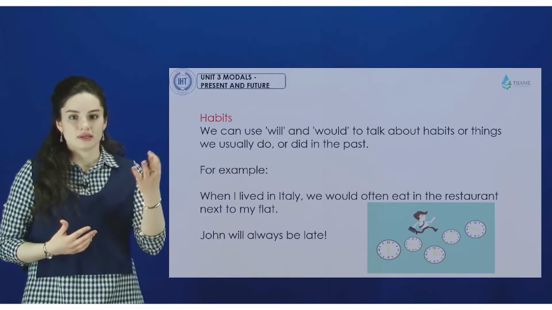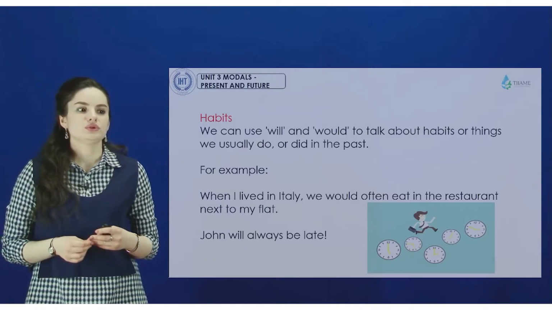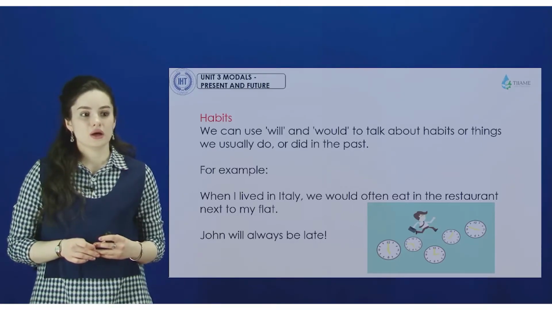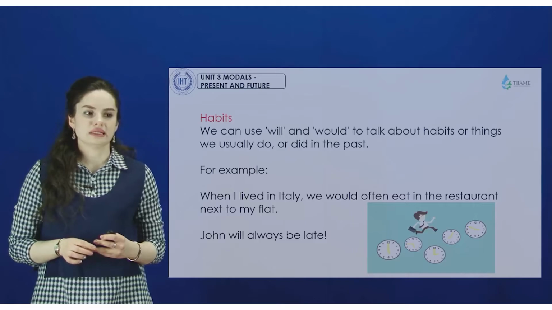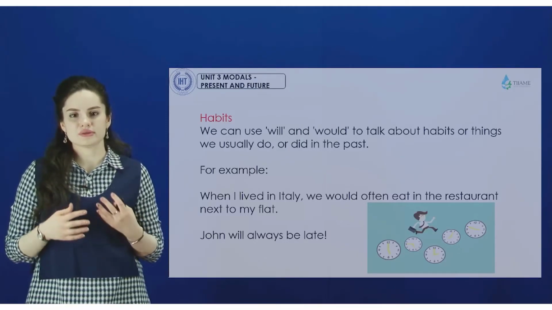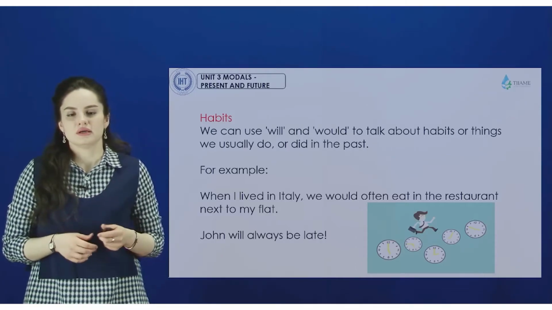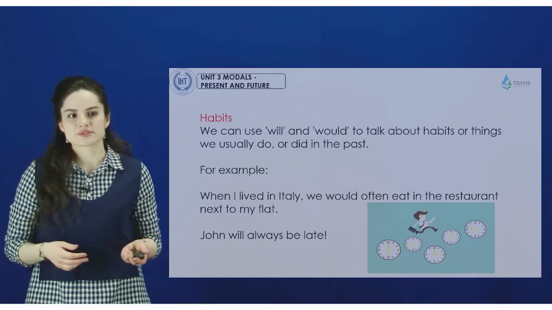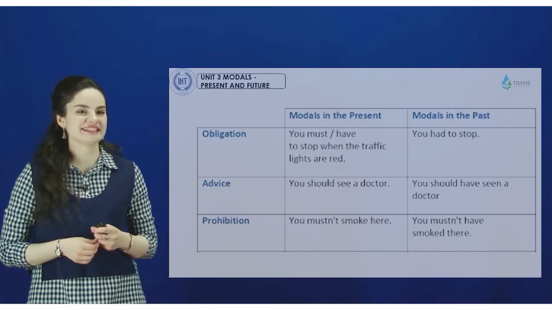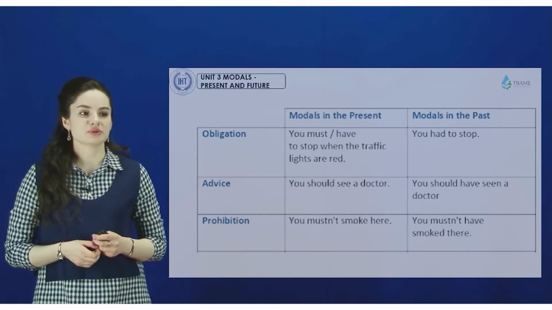For example, when I lived in Italy, we would often eat in the restaurant next to my flat. Or John will always be late. So about habit, here we talk about some action which was repeated several times.